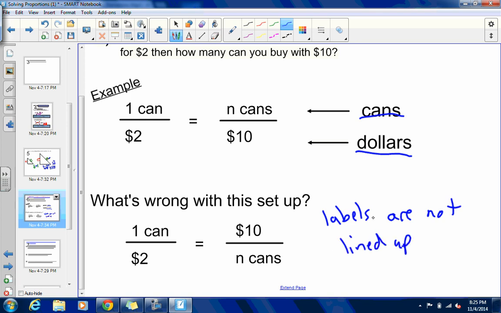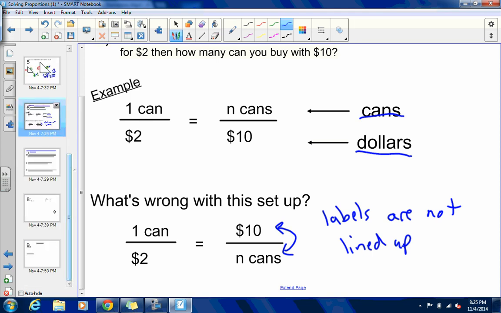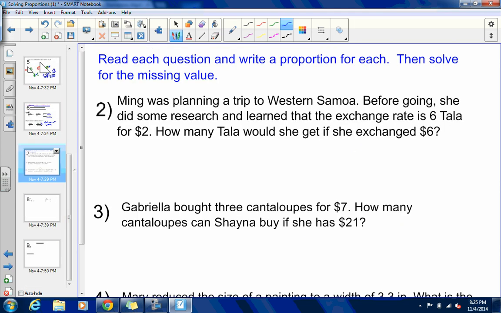You have to be consistent. If you're going to have one ratio be cans to dollars, the other ratio also has to be cans to dollars and not dollars to cans. So these should be flipped. All right? So I want you to think about that as we set up some proportions for a couple of word problems here. We might just do one, but it would be very helpful for you to practice more.